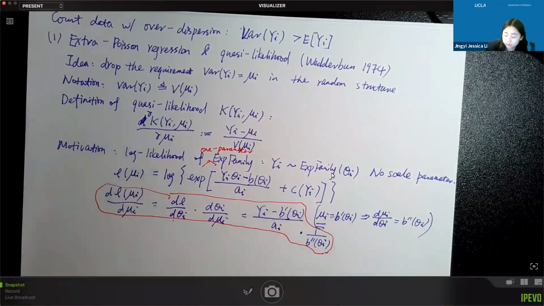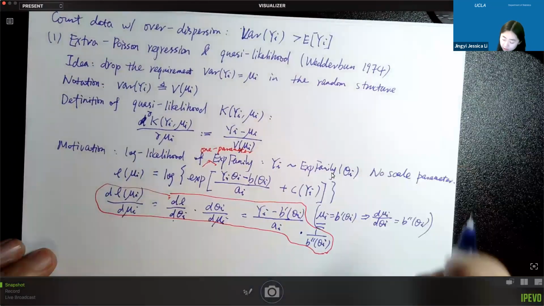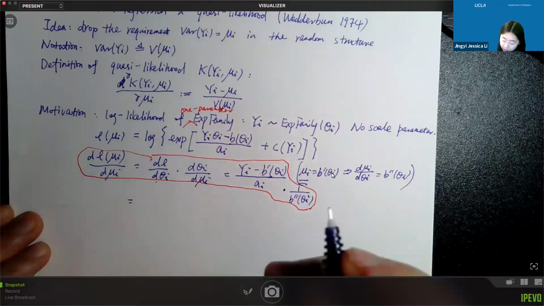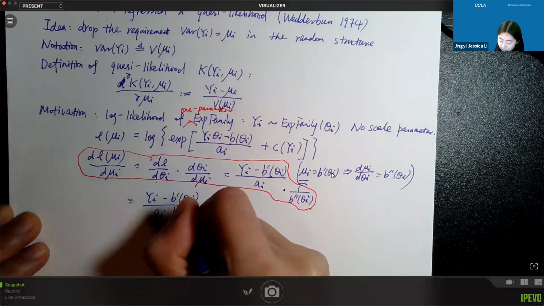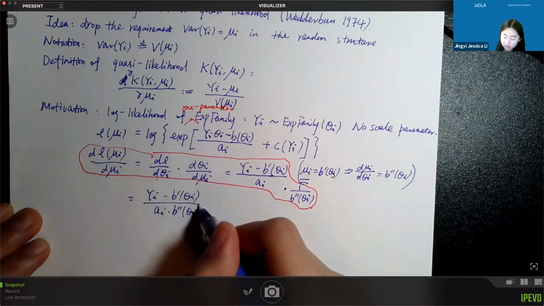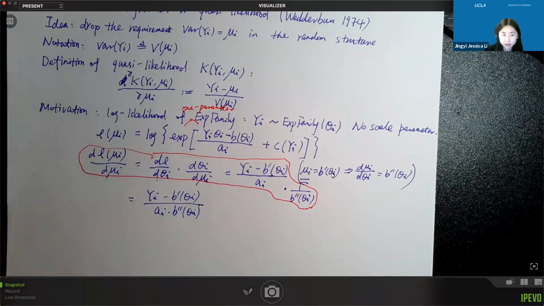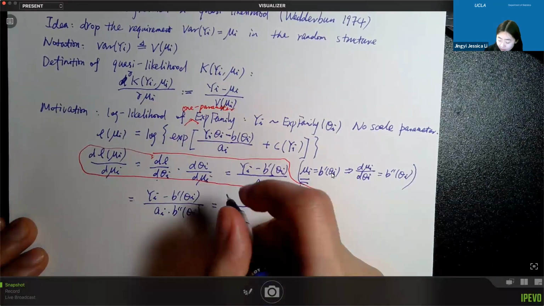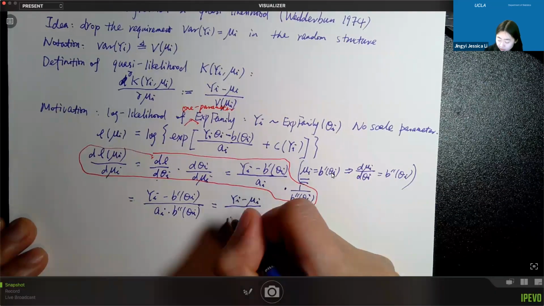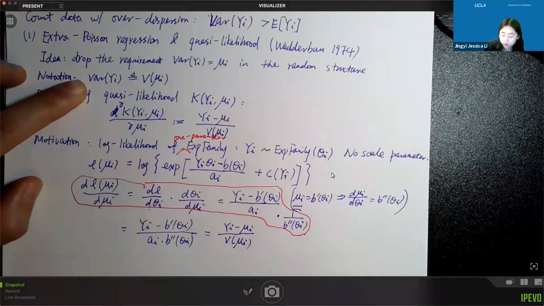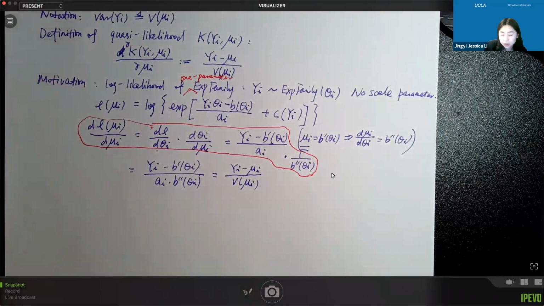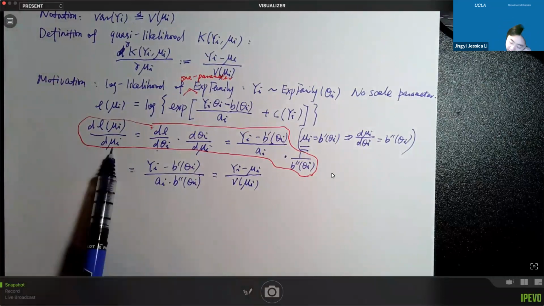Yeah, this is just a note, but what I really want to have is this. So combining the terms, I would have (yi minus b prime of theta_i) over a_i times b double prime of theta_i. And I know that the denominator is the variance of yi, that's also by the property of the exponential family. So I have (yi minus mu_i) divided by v(mu_i), right? By our notation, v(mu_i) is the variance of yi. So we're done. For the log likelihood of a one parameter exponential family, its derivative against mu_i is of this form.